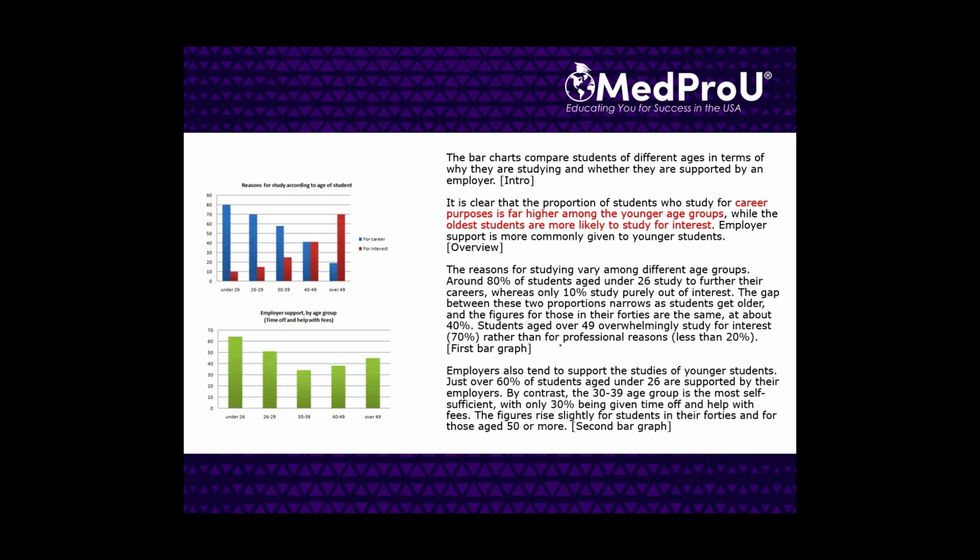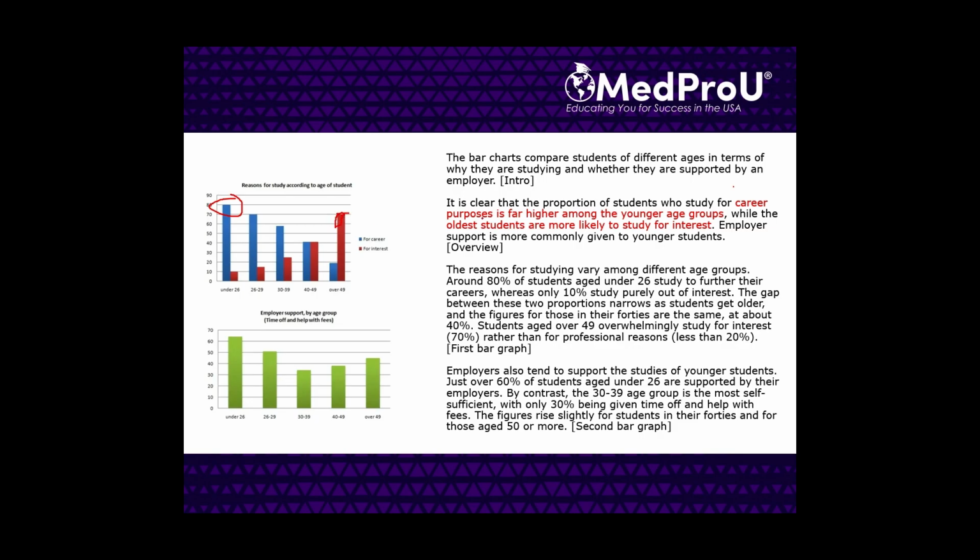The bar charts compare students of different ages in terms of why they are studying and whether they are supported by an employer. It is clear that the proportion of students who study for career is higher among younger age groups, and the oldest students are more likely to study for interest. So that's your overview.